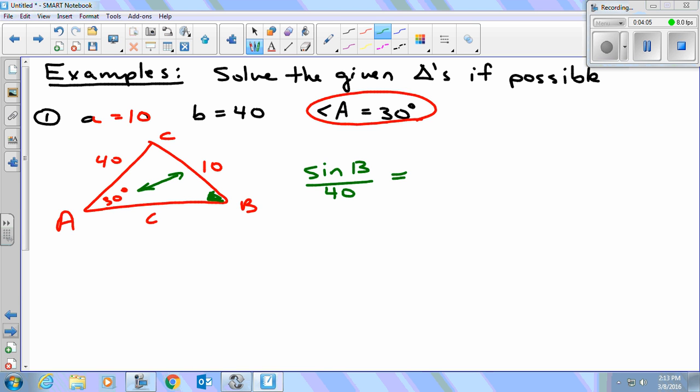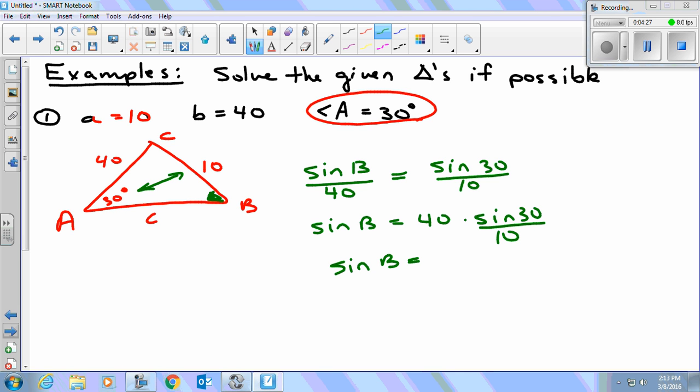It just makes it always very consistent as to how you solve the rest of the equation. It will be equal to the sine of 30 over 10. So if I rearrange that, I will have sine of B equals 40 times the sine of 30 divided by 10, which will give me that the sine of B equals 2.